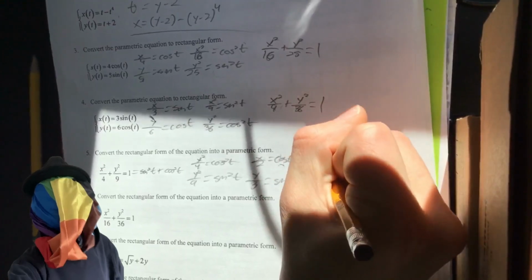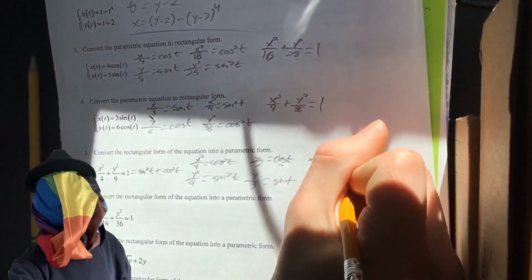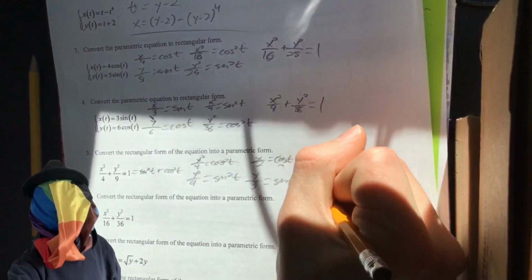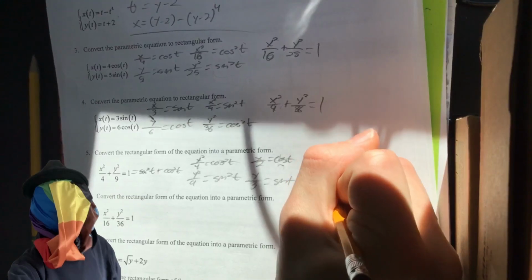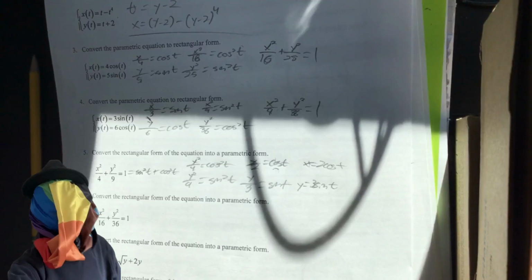So x equals 3 sine of t, y equals 3 cosine of t. That's good.